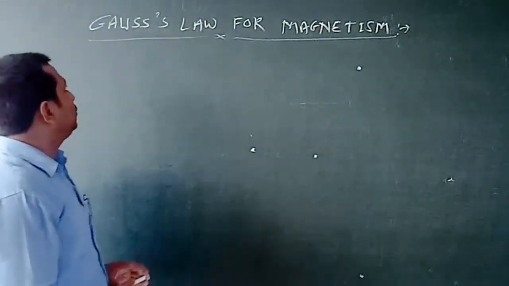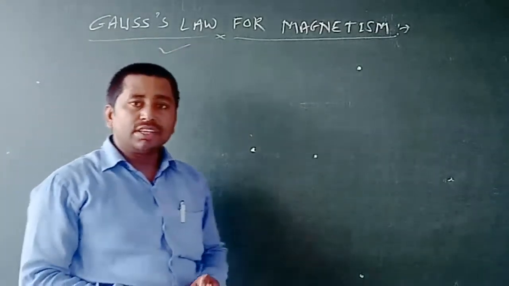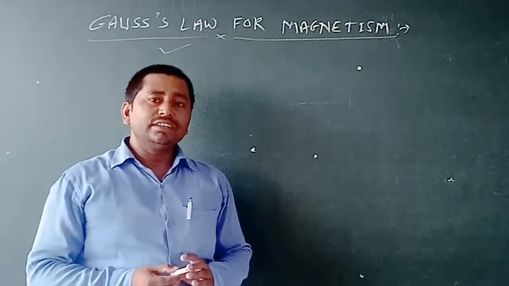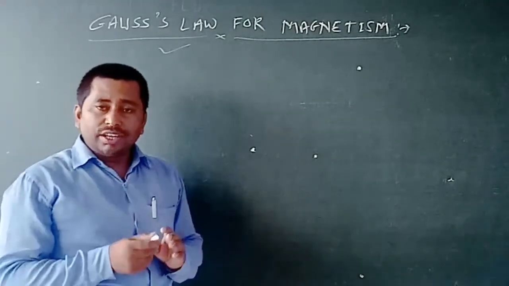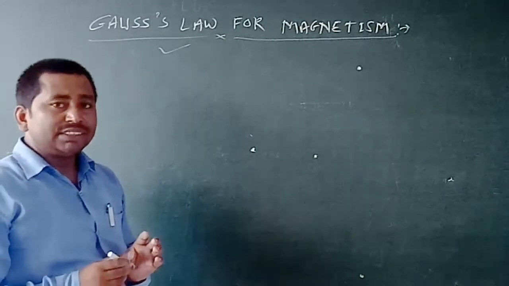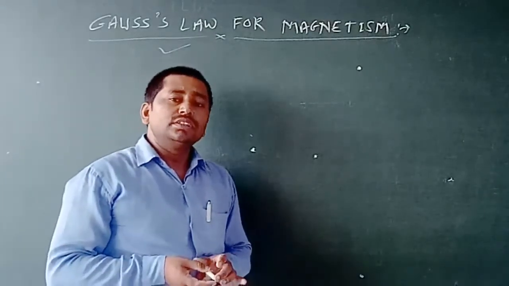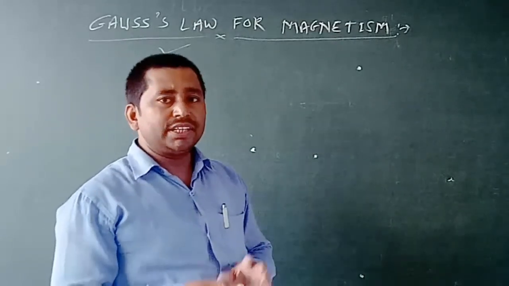So let us come to our next topic, Gauss law for magnetism. As we know that Gauss provides a similar law for electrostatics, and in that case we have stated that the total electric flux passing through any closed surface is equal to 1 upon epsilon naught times the net charge bounded by that surface.